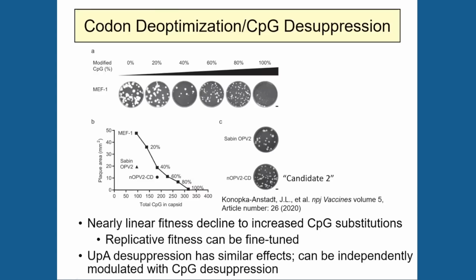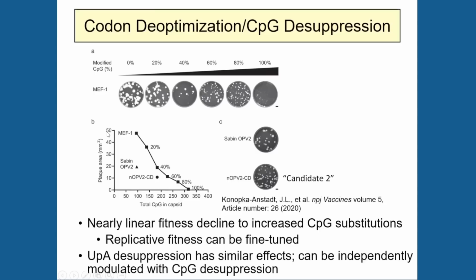And you can see as we increase the amount of CpG substitutions right up to saturation, this is CpG 2-3 position, the plaques grow smaller, and indeed in single-step growth curves, the virus grows progressively more slowly as the amount of CpG is introduced.